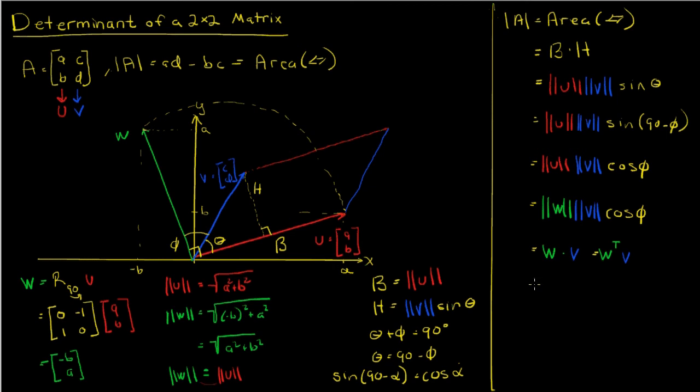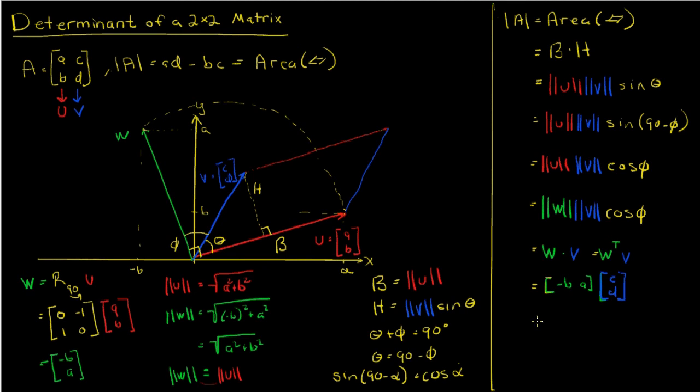If we write that out, w transpose, where w is minus b, a, gives us the row minus b and a. And v is c, d.